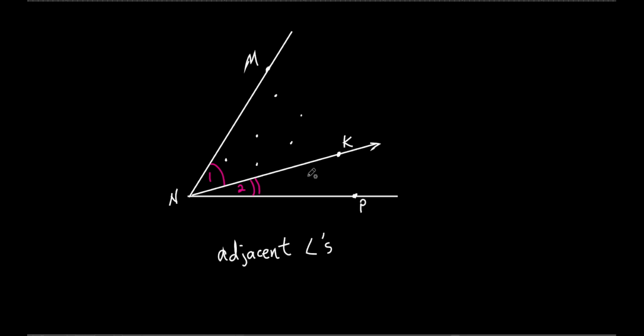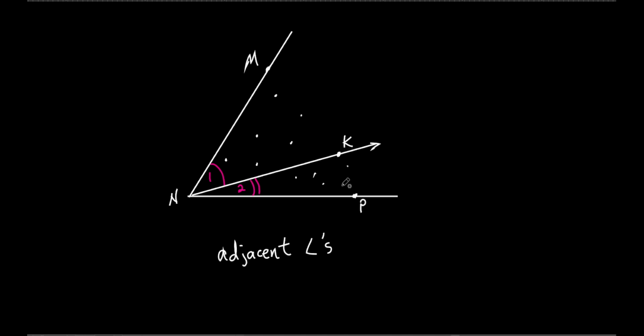Are there any points that are shared by both angle 1 and angle 2? No, because that wouldn't be interior. That'd actually be on the angle itself. Any points in this angle are all going to be different from all the points in this angle right here, right? If I put a bunch of points, you follow me? So do they have any common interior points? No. So if they're adjacent, they have a common side and they have no common interior points.